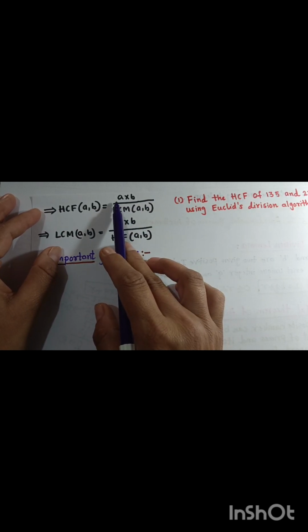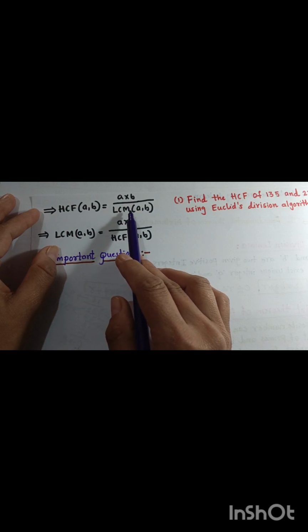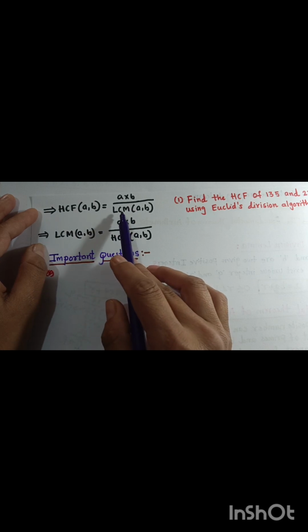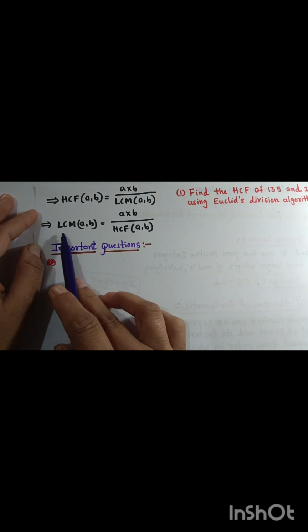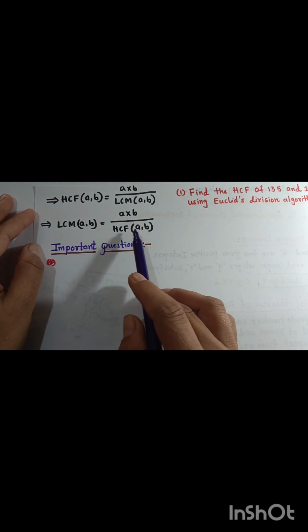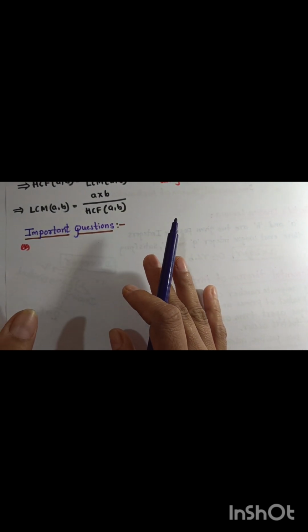Sometimes they give a and b, two integers, and LCM, and you find the HCF. LCM of a and b is equal to a into b divided by HCF of a and b. So these two formulas are also important. Okay, this much of Euclid's division algorithm and the fundamental theorem of arithmetic you understood.